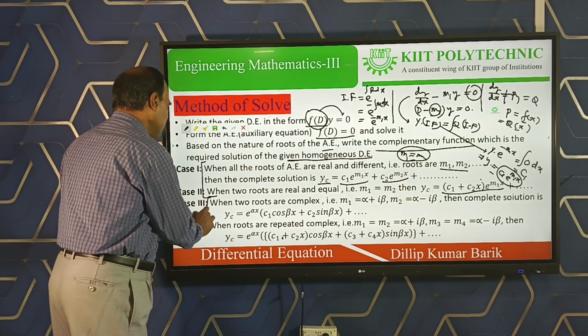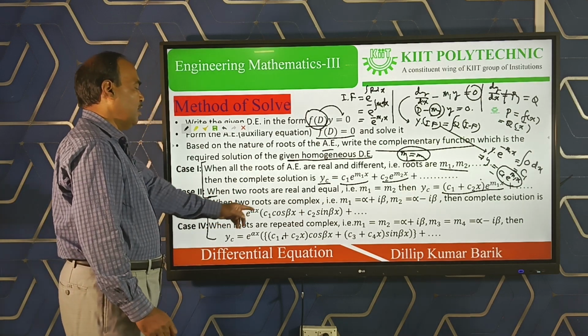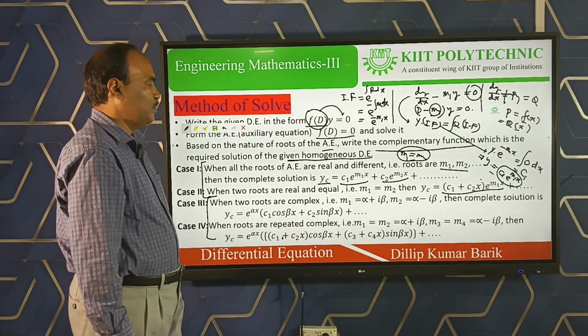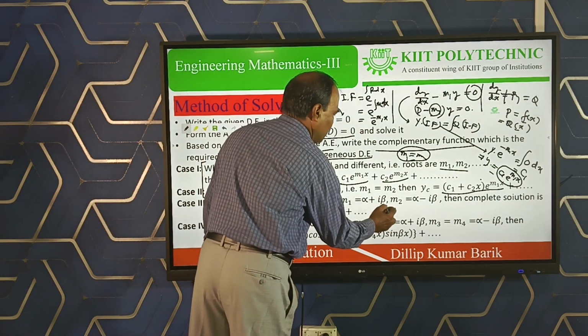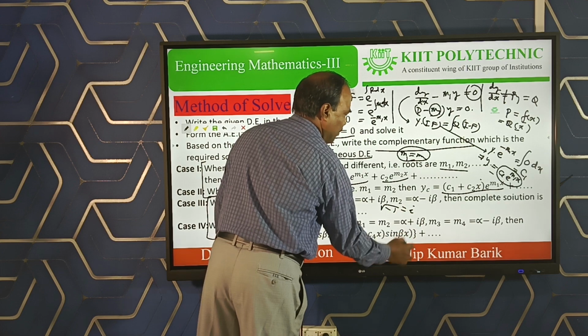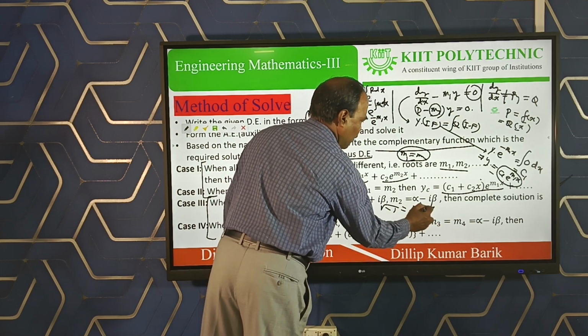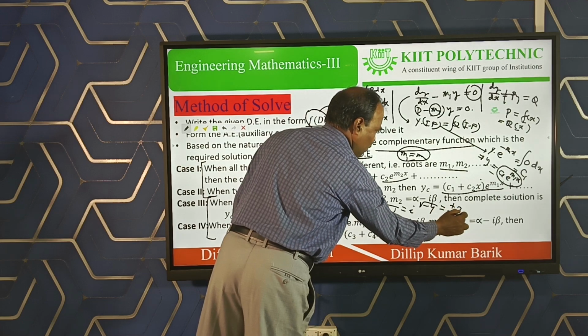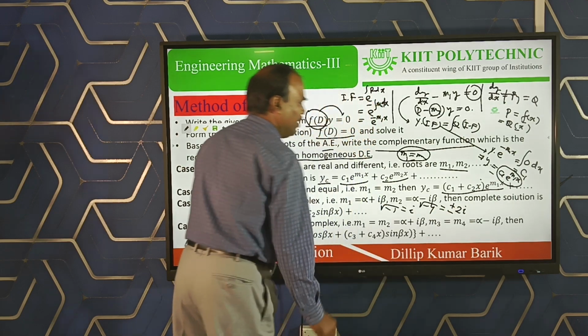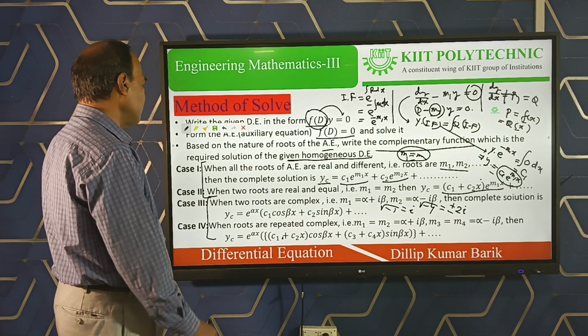Similarly, the other two cases may be where the roots are complex. Complex roots means the square root of a negative number. We already know, suppose the square root of minus 1 is denoted by the symbol i, and the square root of minus 4 is plus minus 2i, and the square root of a negative number we denote by small i.